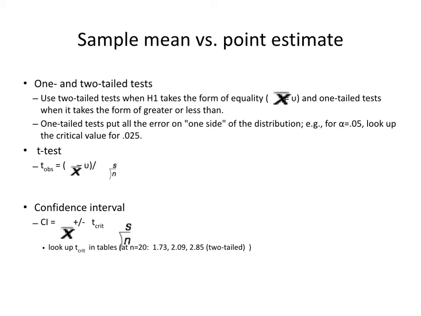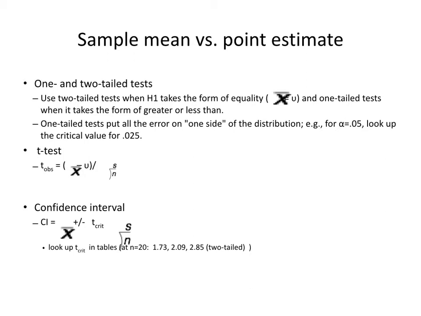So if you're testing the null hypothesis that x bar equals 0, then deviations either above 0 or below 0 would be of interest because they would contradict the null hypothesis. So you would use a two-tailed test.